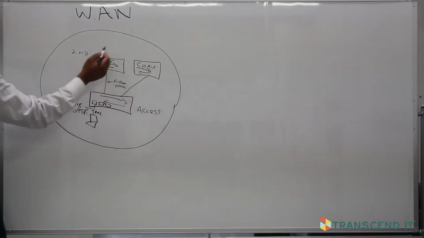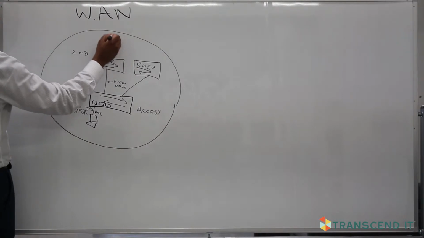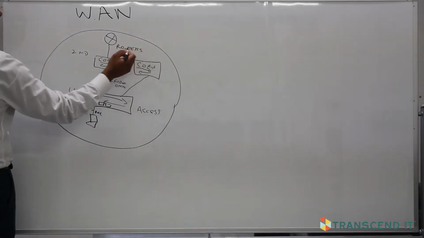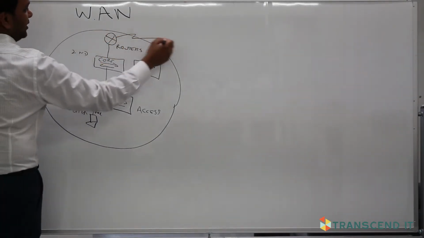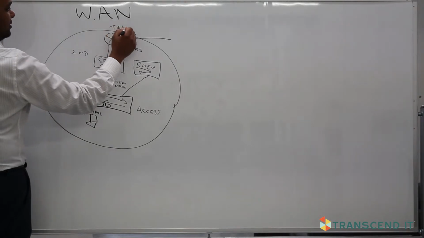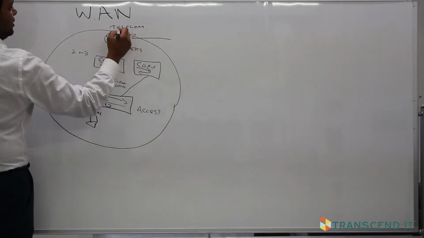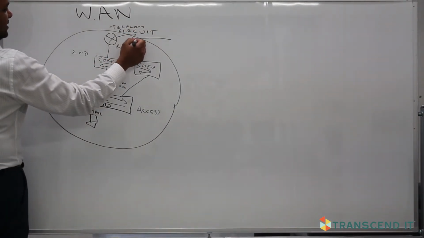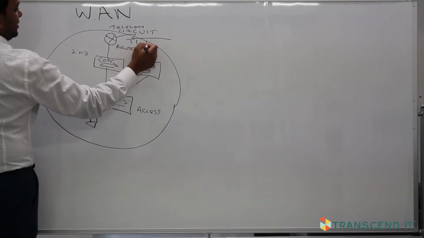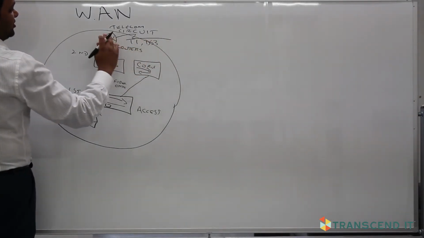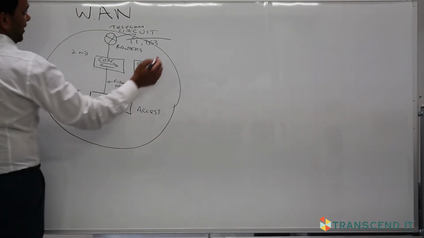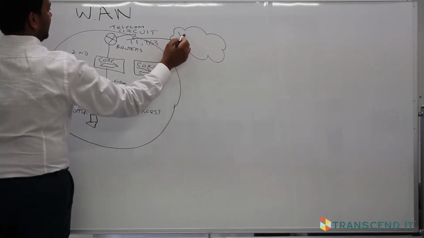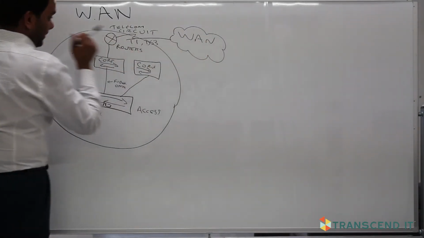Well, eventually you want to get out to the internet, so you're going to connect to these things called routers, which, think of them as just a way to connect to a telecom circuit. So this could be something like a T1, or it could be a DS3. These are just different types of circuits, right? And that will eventually connect you to the cloud or the wide area network.